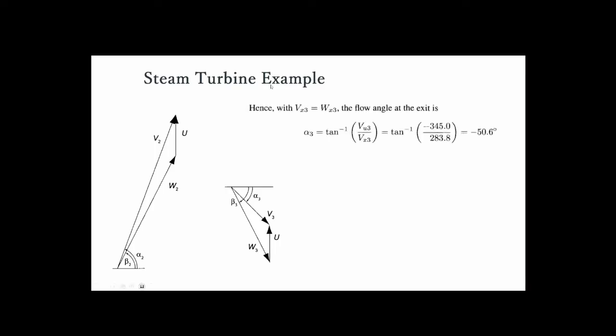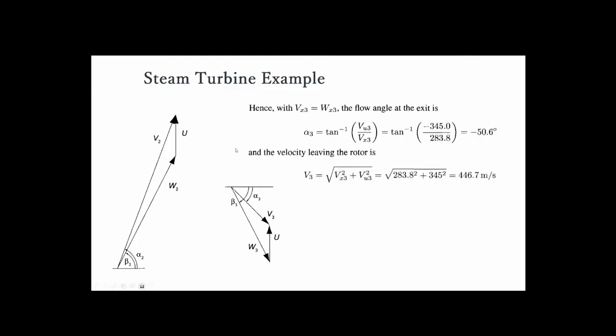question. Okay, hence with Vx3 equal Wx3, the flow angle at the exit is alpha 3 equal inverse tangent Vu3 over Vx3, and we will get alpha 3 equal minus 50.6 degrees.